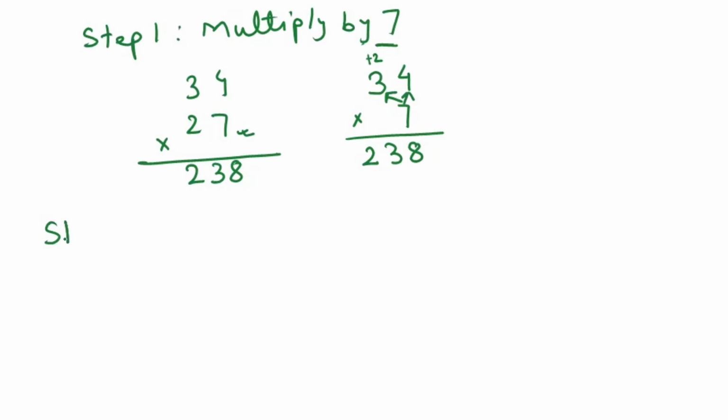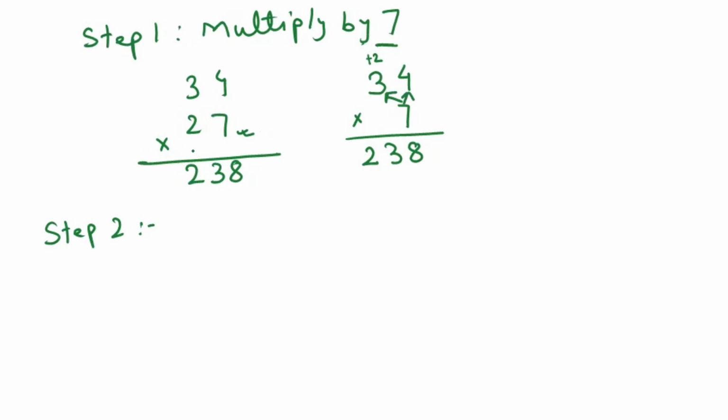Now step 2. Step 2 is multiply by 2. That is the tens place. So now this 2 is not just 2. It is 20 because it is in the tens place.